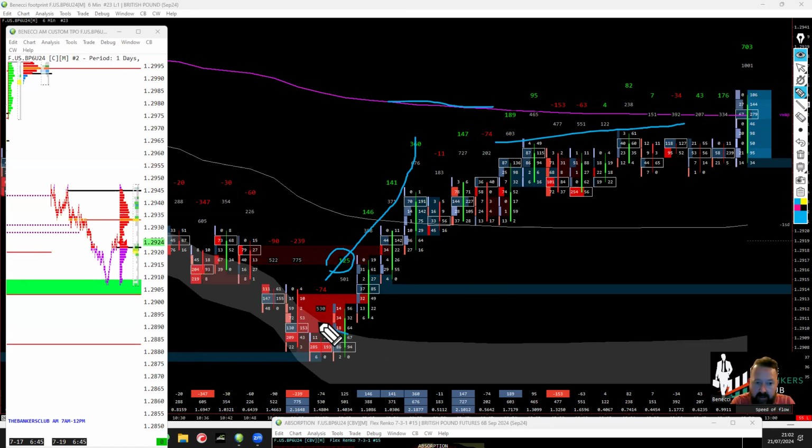So here we had a selling climax. Price could not go down any lower because we had passive buy limit orders getting filled. So aggressive sellers getting stopped by passive buyers, which then got aggressive in the auction. Delta flip, off we go back to VWAP.